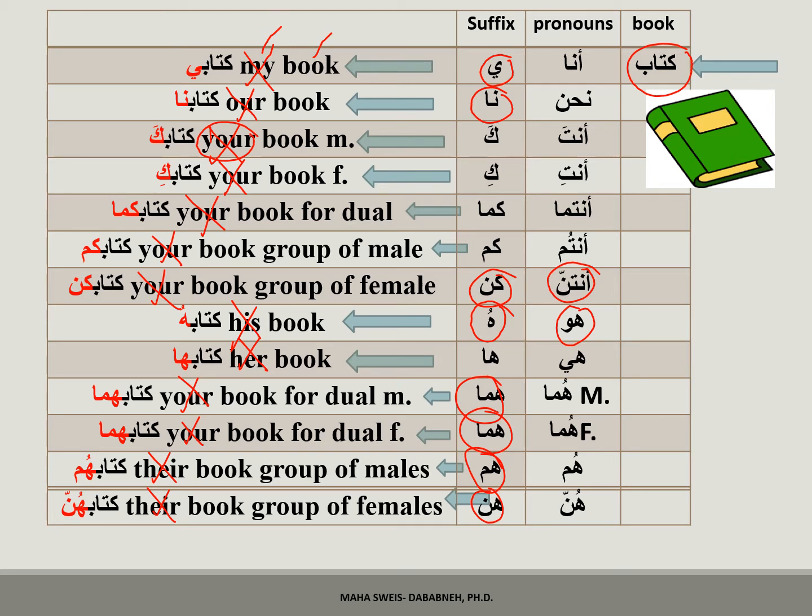So let's read it one more time. كتابي. كتابنا. كتابك. كتابك. كتابكما. كتابكم. كتابكن. كتابه. كتابها. كتابهما. كتابهم. كتابهن.